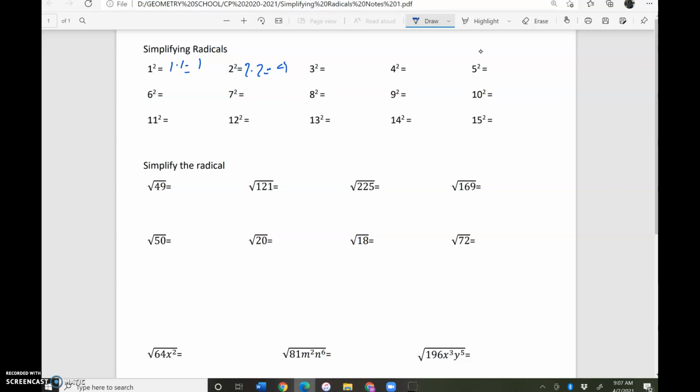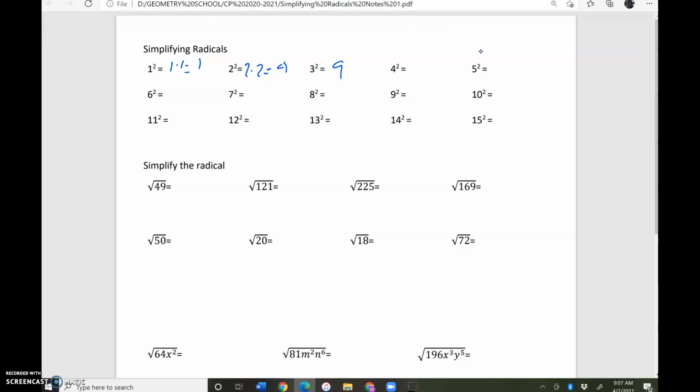So 3 squared is 3 times 3, which is 9. And 4 squared is 4 times 4, which equals 16. And we know 5 squared is 5 times 5, which equals 25.